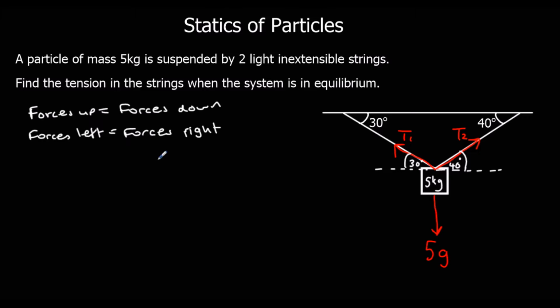So we've got T1 sine 30, the component, and we've got T2 sine 40. So that's a component of the T1 force and a component of the T2 force. There, forces up, forces down is 5g.